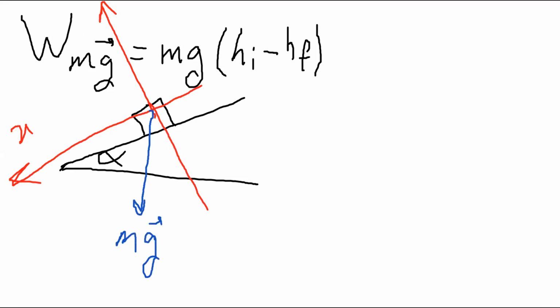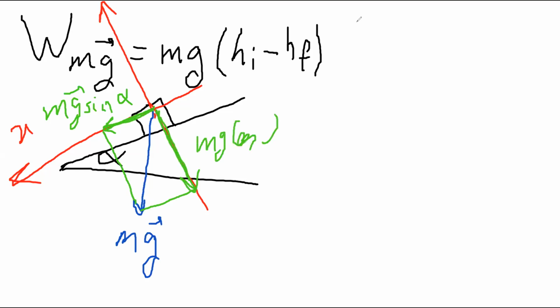Weight mg has two components, an x component and a y component. The projection of mg on the x-axis is mg sine alpha, and the projection of mg on the y-axis is mg cosine alpha.